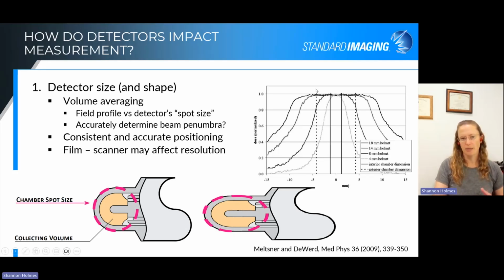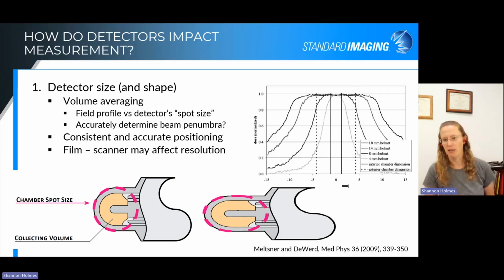This plot on the right-hand side is actually one of my favorite illustrations of considering the totality of your detector and not just where that active volume is. This is from a publication from Meltzner and DeWord a number of years ago. I guess it's 15 years old now.